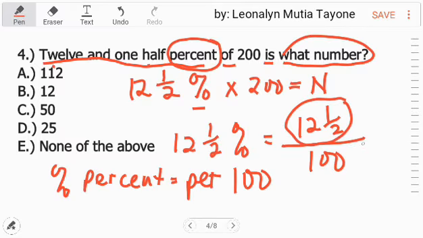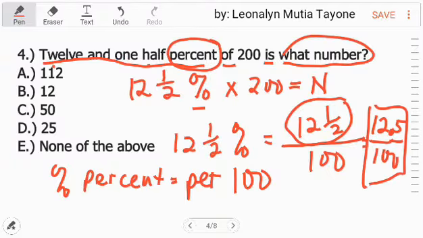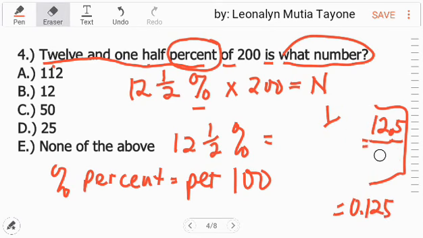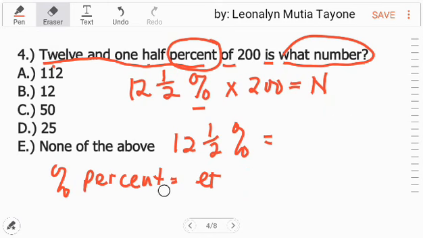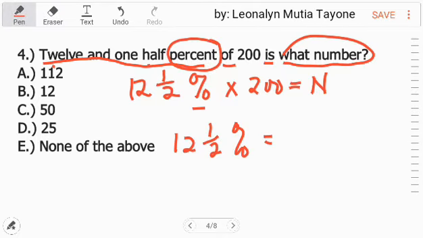Itong 12 and 1/2, that is 12.5 over 100. So kung 12.5 over 100, that is 0.125. In other words, itong 12.5%, that is 0.125.